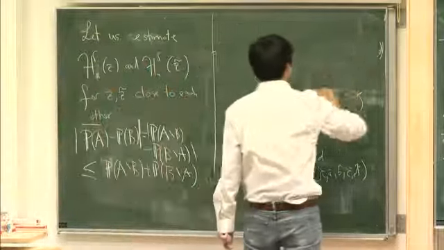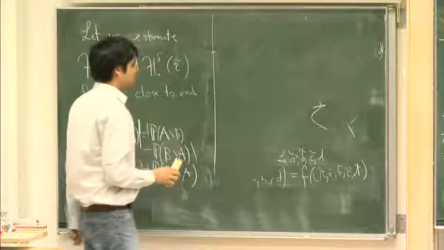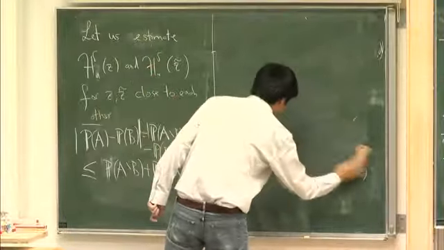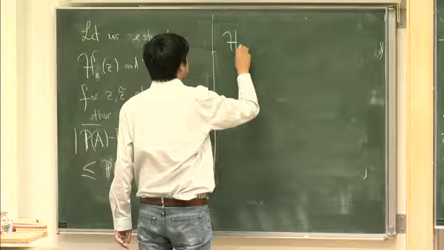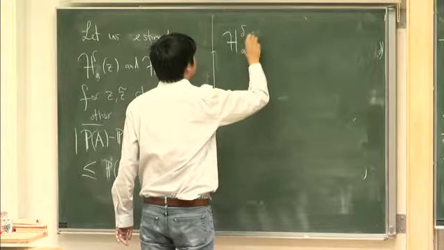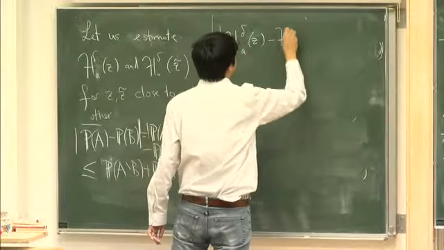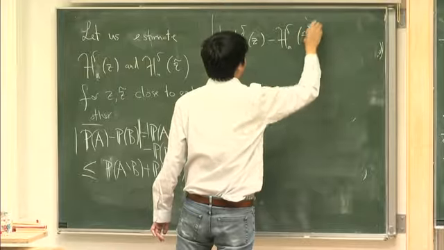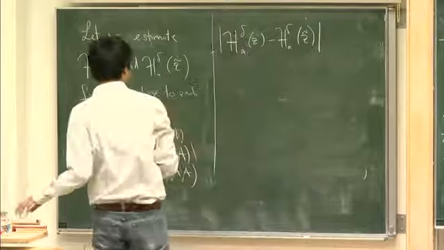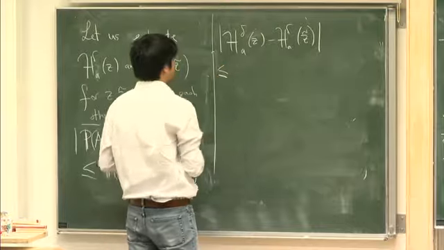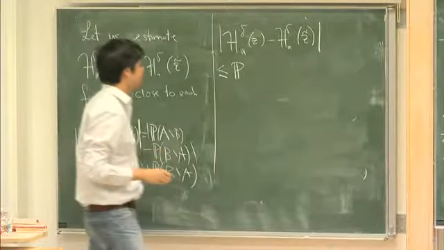Now we are going precisely to compute this, a difference of two probabilities: H A delta z minus H A delta z tilde. We are going to say that it is smaller than the sum of probabilities of the corresponding events.